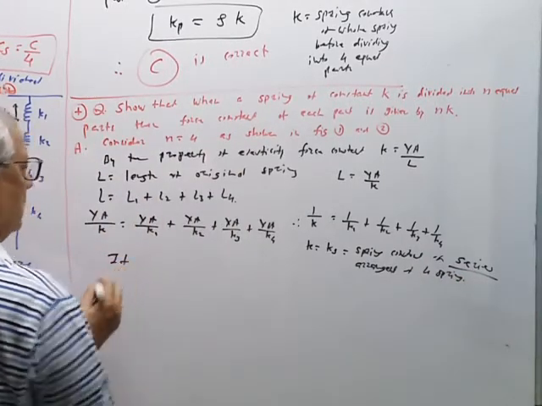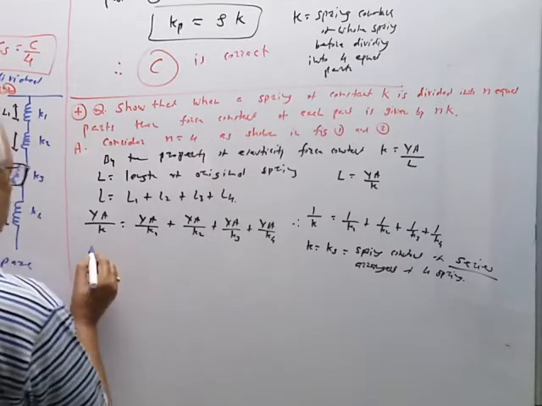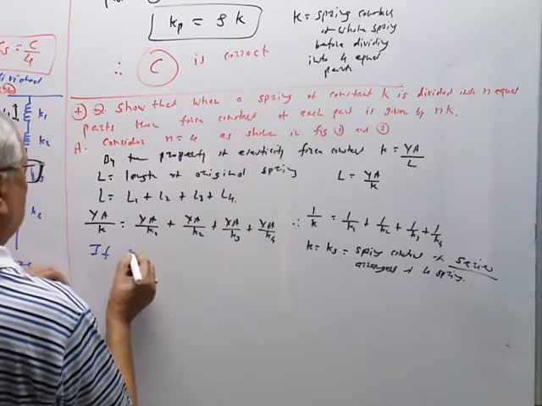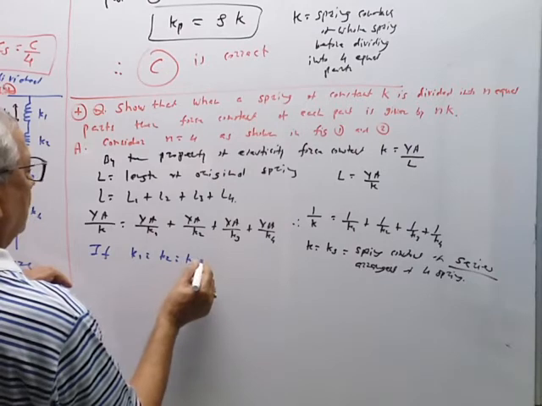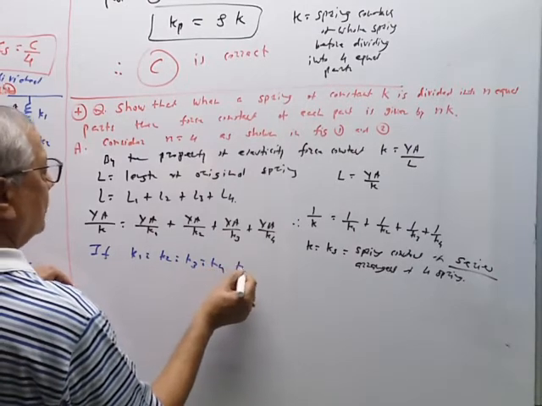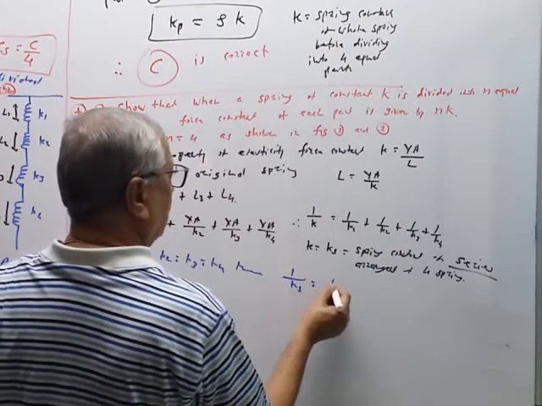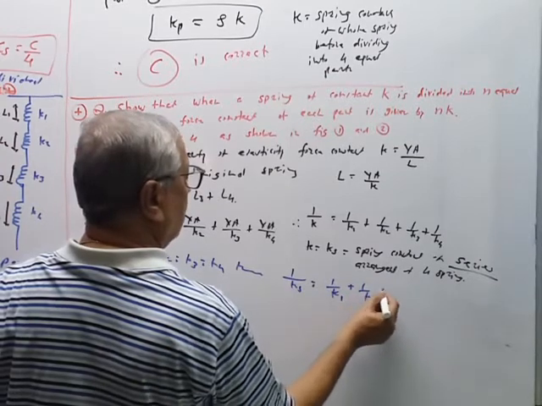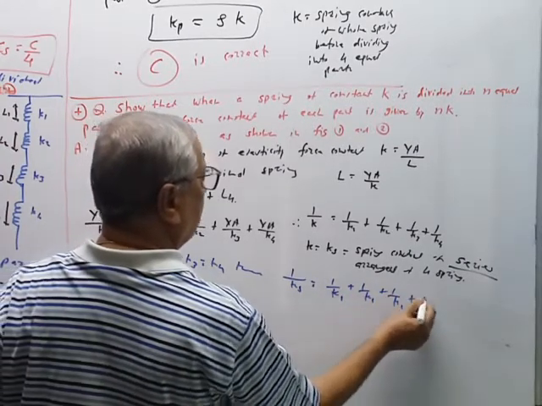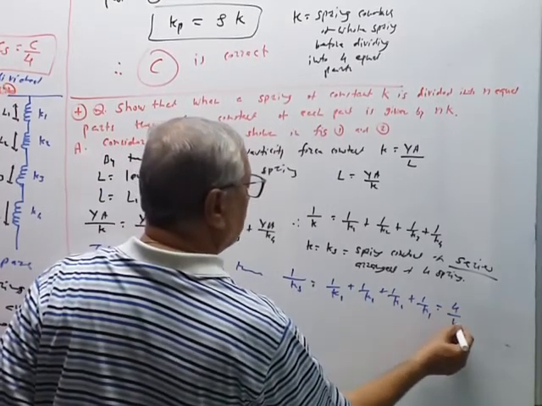If K1 is equal to K2 is equal to K3 is equal to K4, then 1 upon Ks is equal to 1 upon K1 plus 1 upon K1 plus 1 upon K1 plus 1 upon K1, that is equal to 4 upon K1.